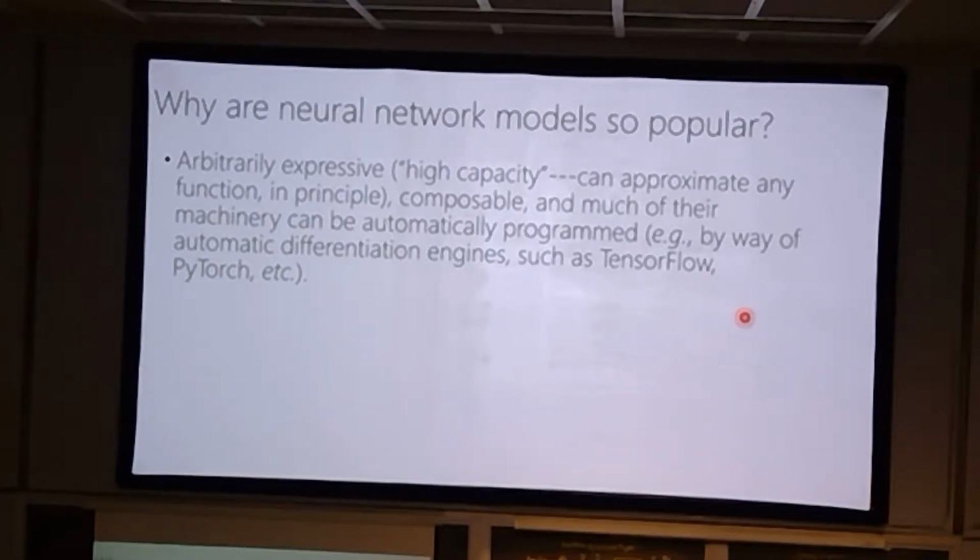And then they're also composable, right? Hopefully we'll get into some of the other architectures, but you can do neat things where you get little modules and you can just compose them together like Lego blocks. And that composability of the architecture, combined with the fact that you can automatically compute gradients, which we're going to talk about today, makes it a really powerful, somehow plug and play.